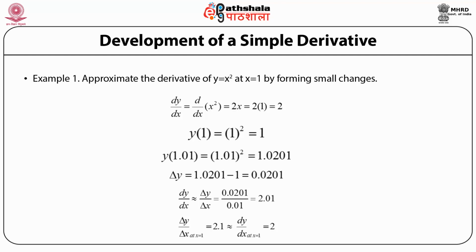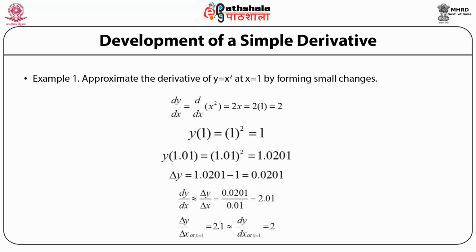So here is the point. We are going to take a limit, and then there is del y by del x, where we substitute for different arguments, which is equal to 2.01, and then we are calculating dy by dx, which is equal to 2. So this is a very critical understanding.